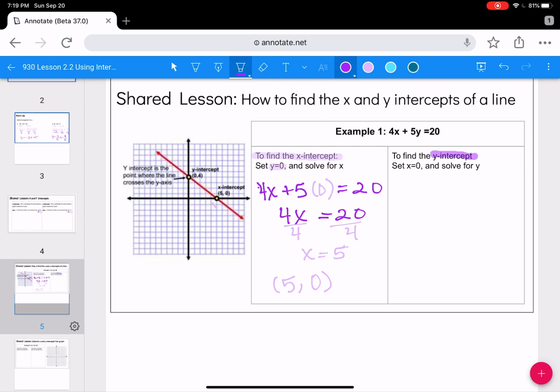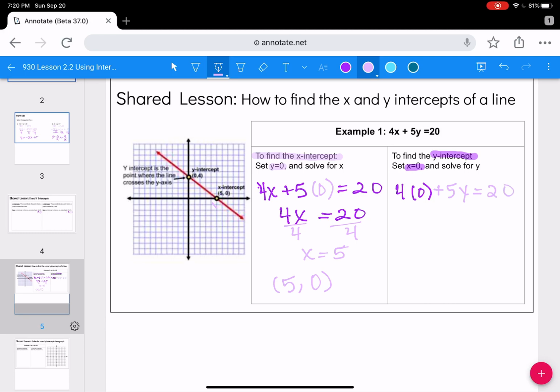is when we set x equal to 0, and then we're solving for y. So now we have 4 times 0, and then plus 5y is equal to 20.